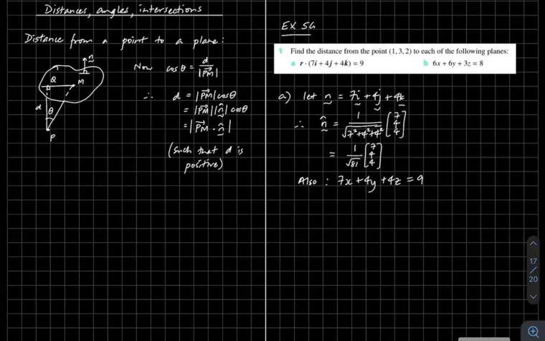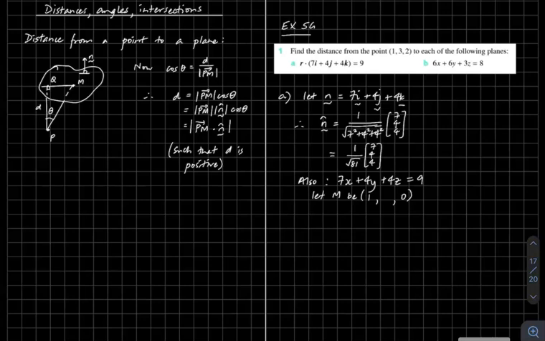And so any point which satisfies that equation will suit as a point M. So let's let M be the point, we want it to equal 9. Okay, I'm going to let Z be 0. So let's let Z be 0, let's let X be 1, and then what does Y need to be?